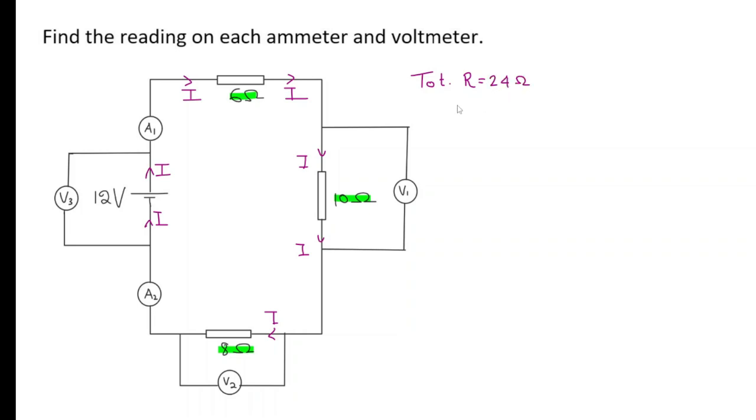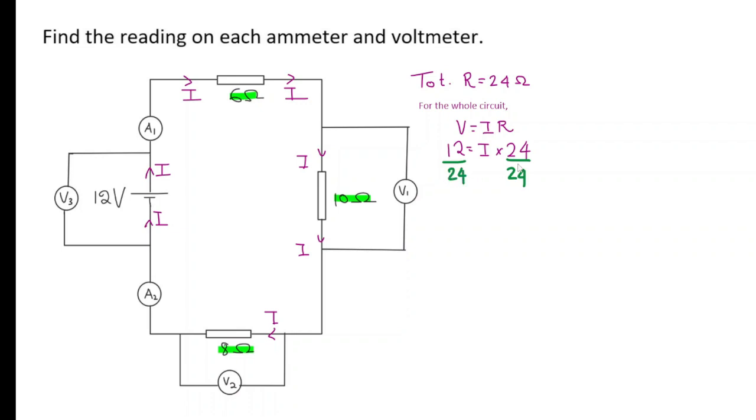Now I know the total resistance. Now I'm going to write V equals IR for the whole circuit. So V is equal to IR. Now the value of V is 12. I times 24. Now a common mistake that students make here is they just look at 12 and 24 and think the answer is 2.